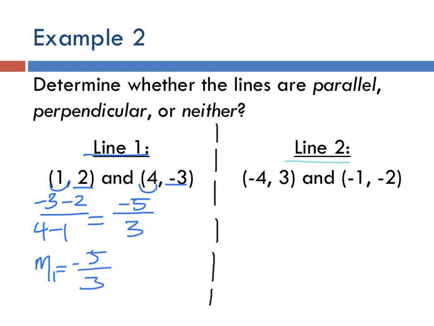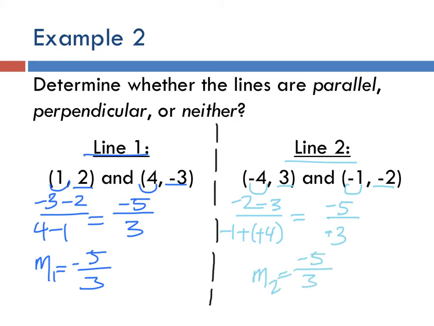Over here, you do negative 2 minus 3 over negative 1 minus negative 4. Remember, that becomes positive. It's negative 2 minus 3, that is actually negative 5. What's negative 1 plus 4? That is also positive 3. Sorry about that. So m2 equals negative 5 over 3.